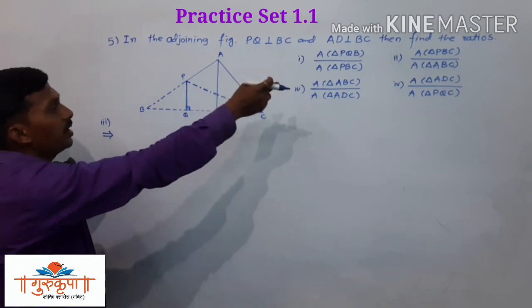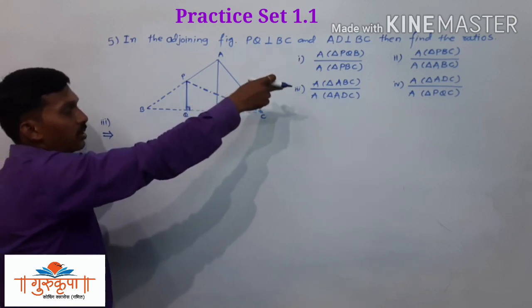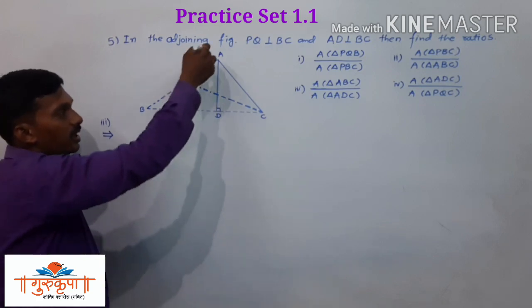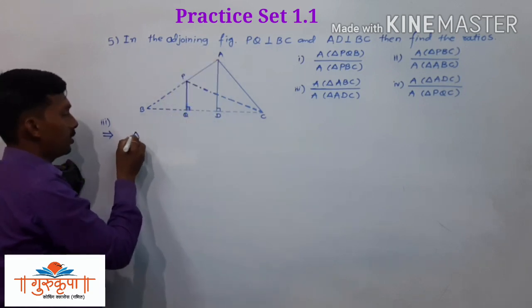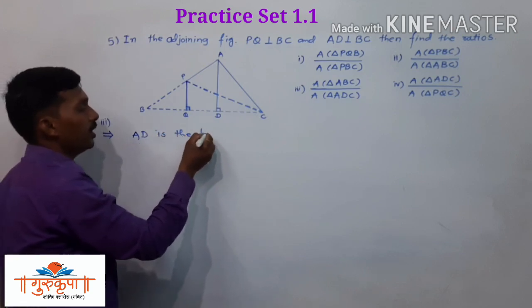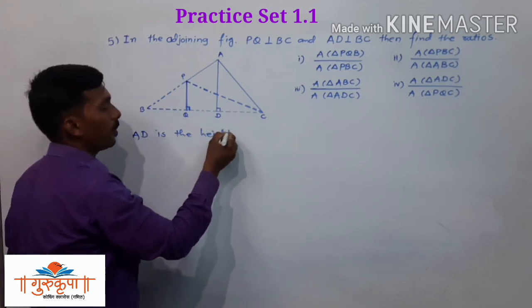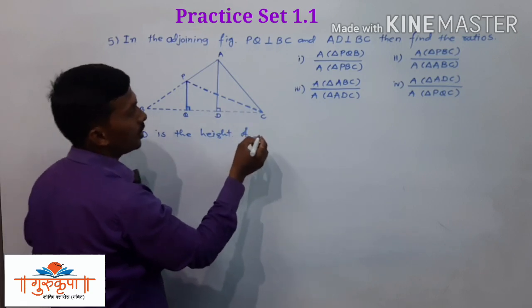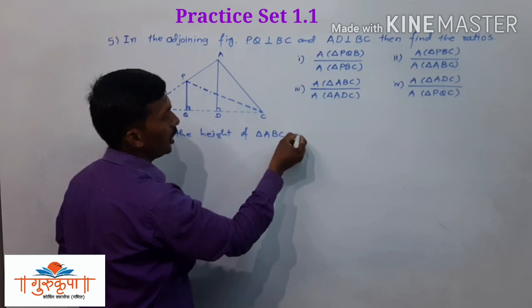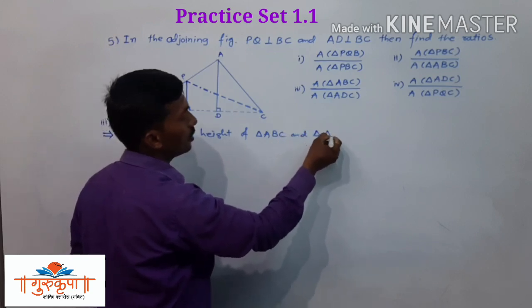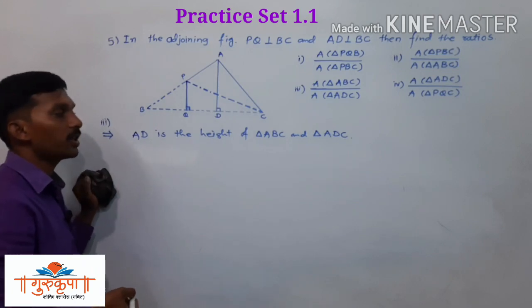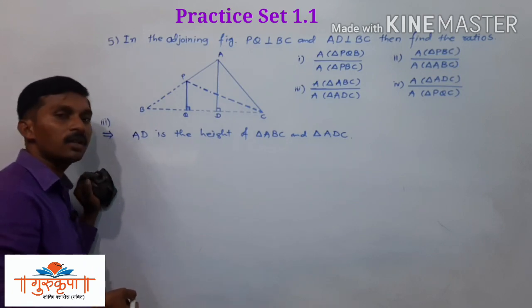Since here we can write, the heights of triangle ABC and triangle ADC are equal. That is, AD is the height of triangle ABC and triangle ADC.